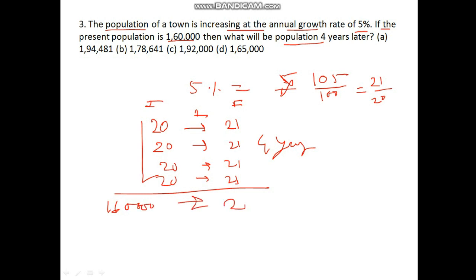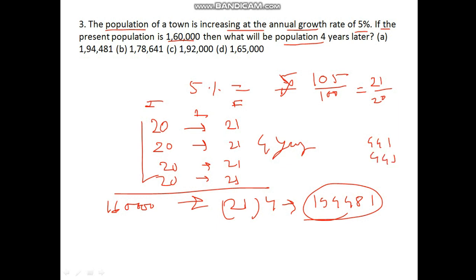And if we take 21 to the power 4, we get 194481. If you cannot do it directly, then you can simply take 21 square, which is 441, and multiply 441 by 441. You will get this answer. So the answer will be A.